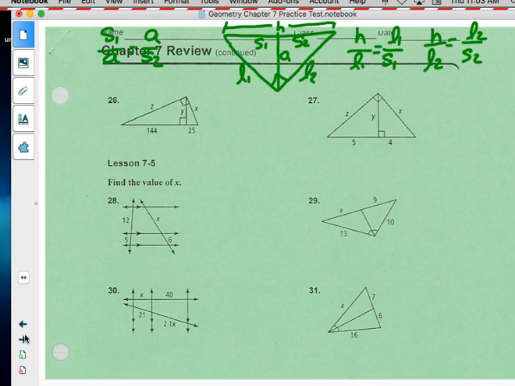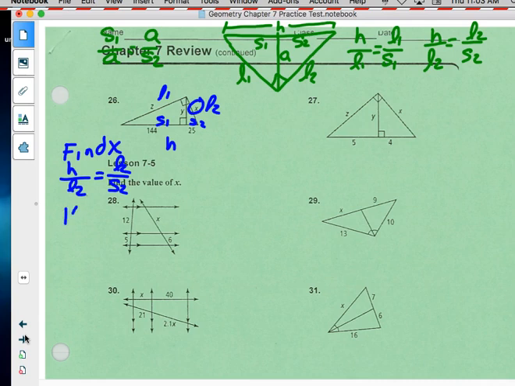So again, finding X. And I'm going to go over my stuff and I'm going to minimize it, but finding X. Since X is this L2, now this is L2, L1, H is out here. This is S1, S2. So now I'm going to plug in the fact I've got H, L2, L2, S2, and H is 169, that's 144 plus 25.